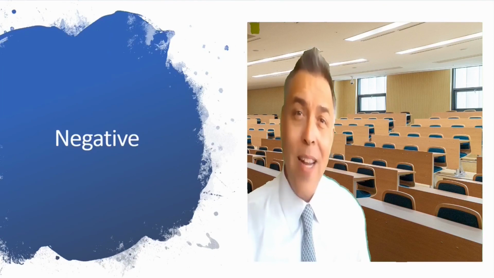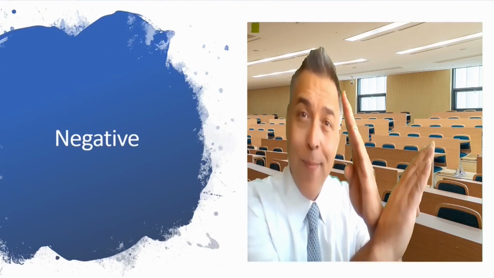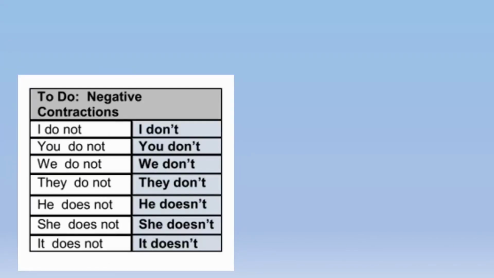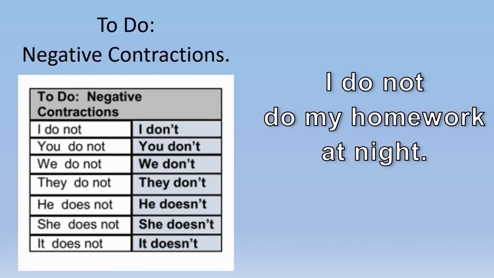Right now, let's talk about the negative form. To do, when used in the negative form, needs a helper verb, the verb to do. It is also contracted. So, for example, I do not do homework at night.